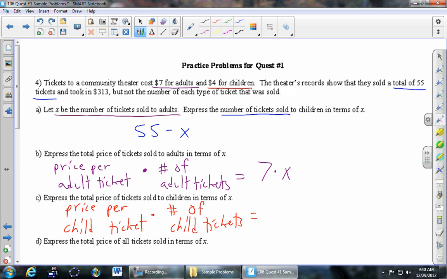That was given in the problem, 4 times the number of child tickets, well, that was what we figured out in part A. So this is multiplied by 55 minus X. In this case, we need parentheses because 55 minus X is one thing, but without parentheses, it looks like two things. That one thing is the number of child tickets sold.